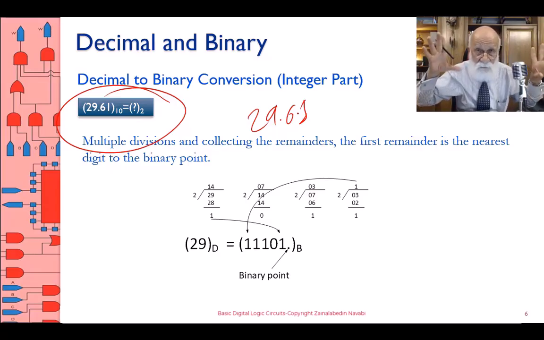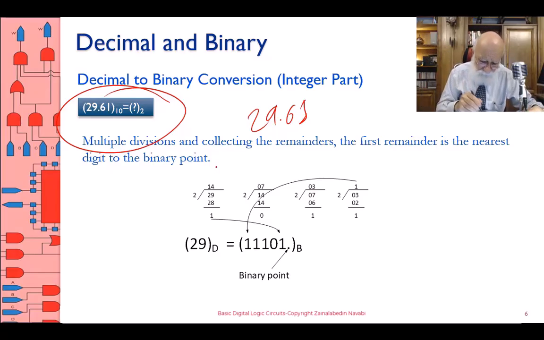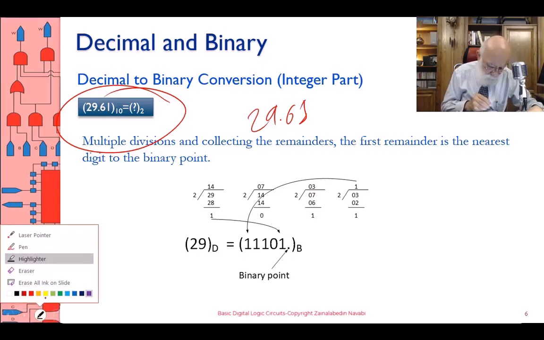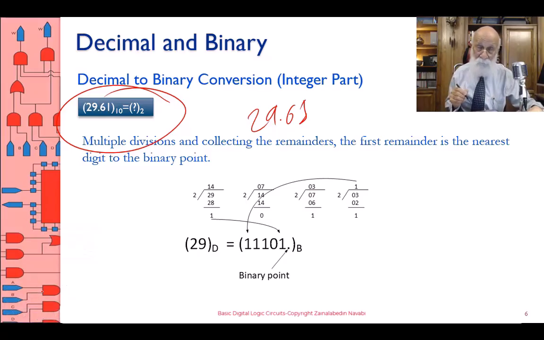I deal with the 29 first, and then keep dividing. 29 divided by 2, I come up with 14. The remainder is 1. The remainder obtained is the first digit closest to the binary point.